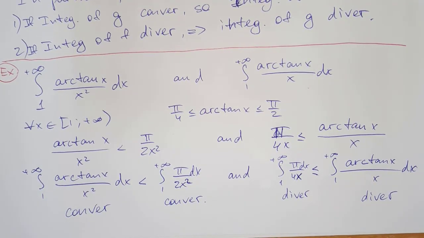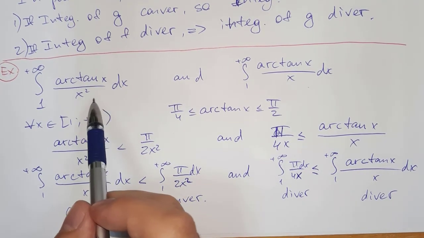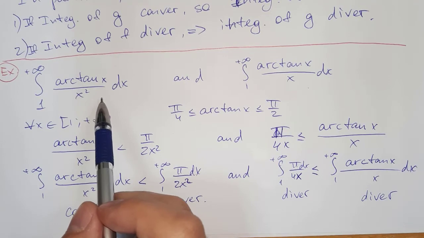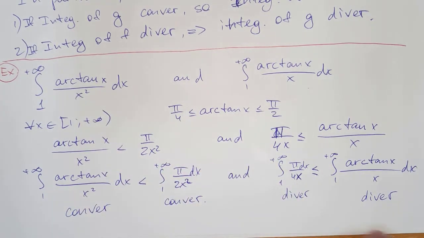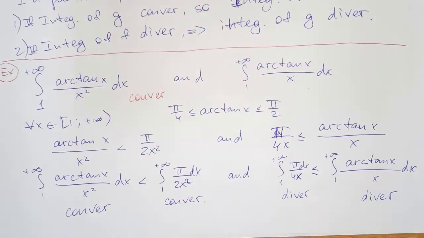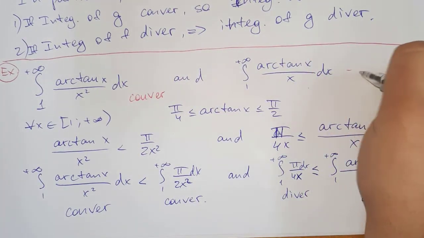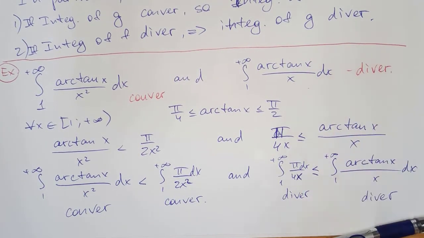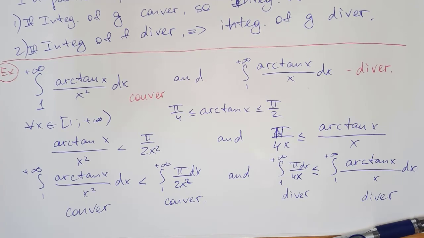So we have the answer now. The integral of arctangent x over x squared is convergence. Yes? It's convergence. This one is divergence. Using this comparison test, we easily define convergence of these integrals.